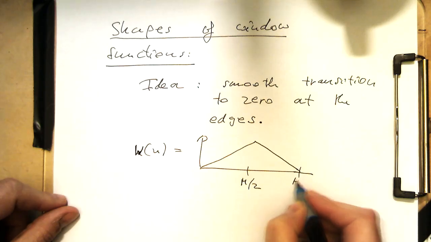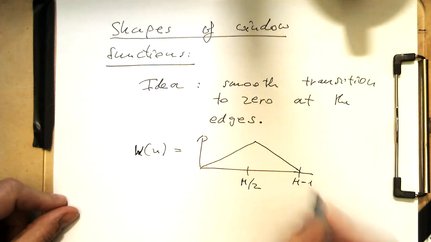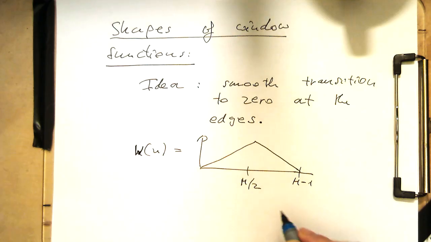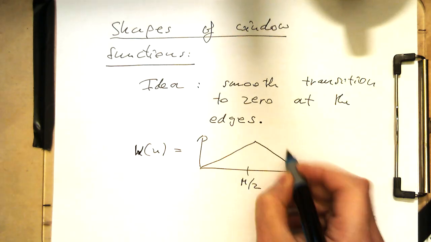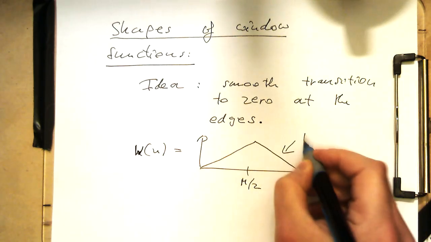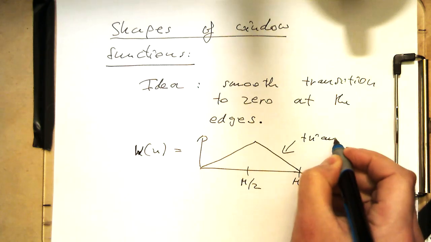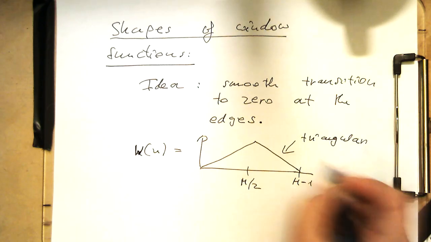And this here goes to m-1. So that's the midpoint. We have something like this. So that's called a triangular window.